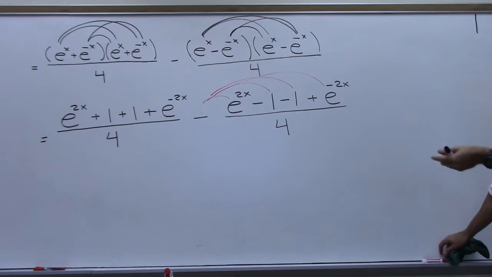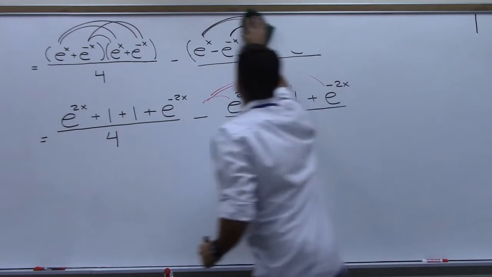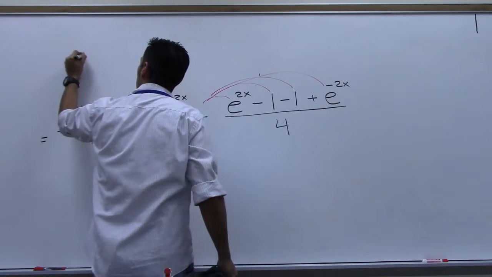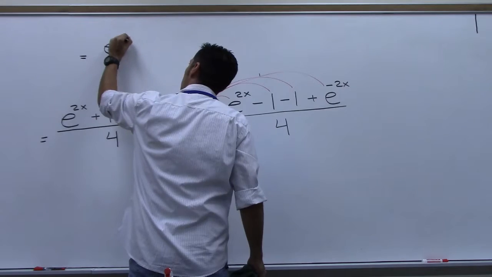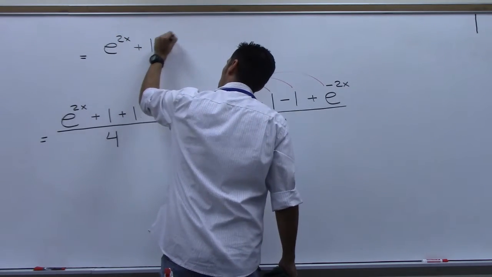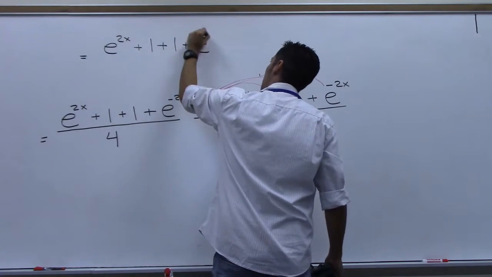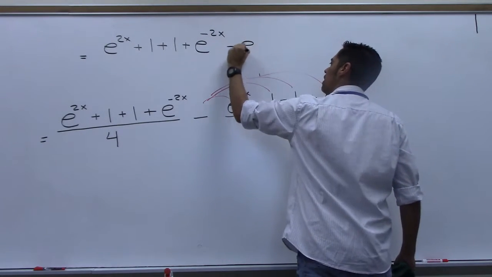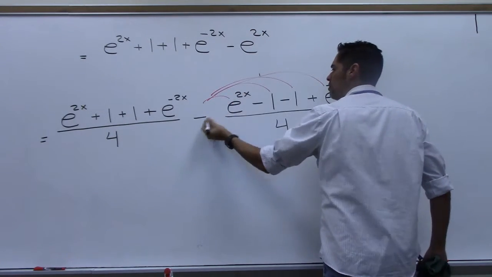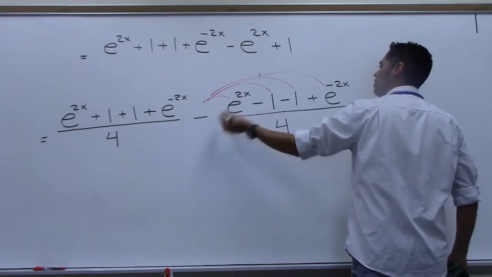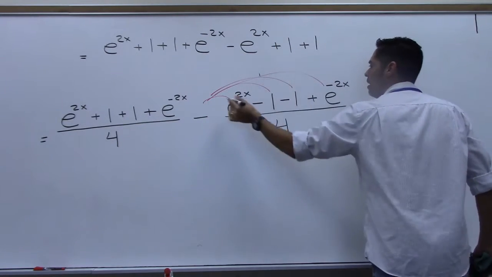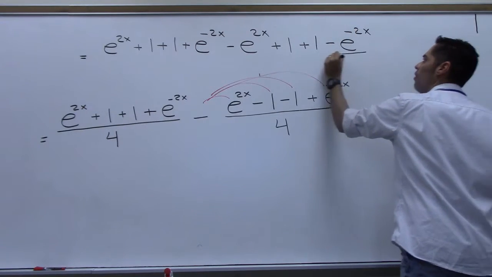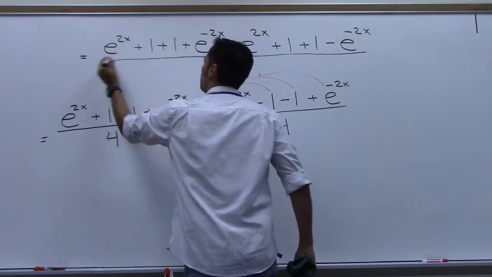And you'll see immediately what's going to happen. Lots of stuff's going to go away. Okay, so we get e to the 2x. We have plus 1 plus e to the negative 2x. And now I subtract e to the 2x. I subtract a negative 1, so plus 1. I subtract a negative 1, so plus 1. I subtract e to the negative 2x. It's the whole thing over 4.